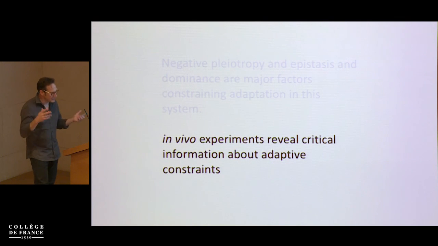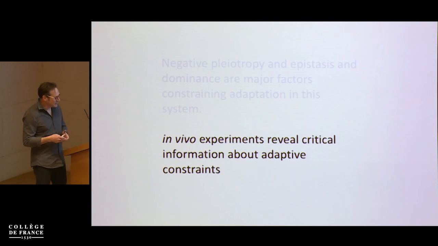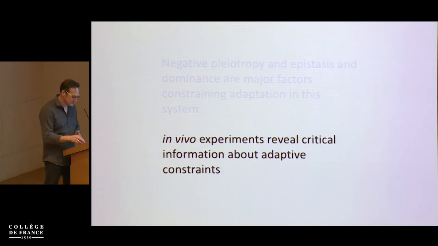And our study really reveals how looking at things both in vitro and in vivo can reveal new features about adaptive substitutions that were inaccessible by just looking at them in vitro.